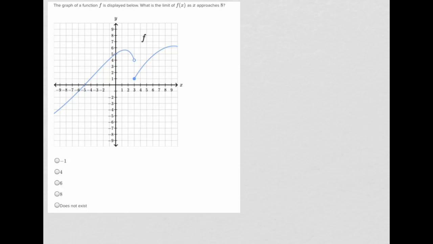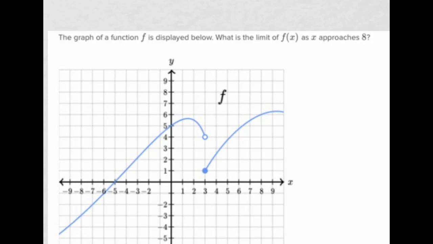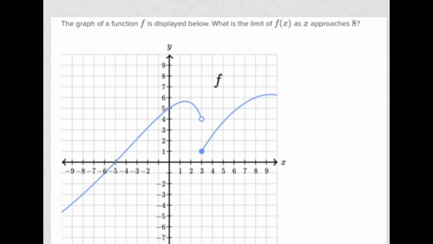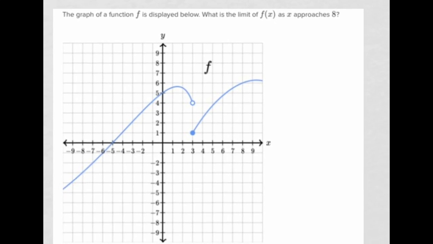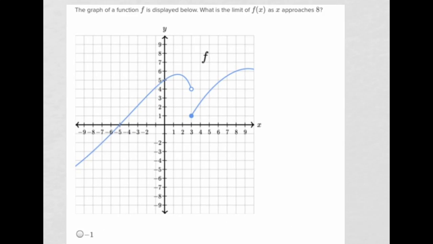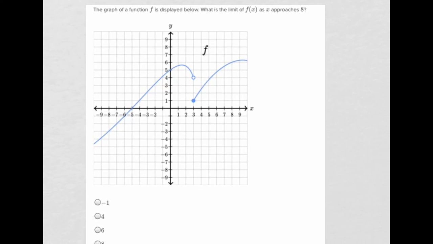So, if we read this problem, the graph of the function f is displayed below. What is the limit of f of x as x approaches 8? As we are getting closer and closer to 8, from both sides, what is our function getting closer and closer to?